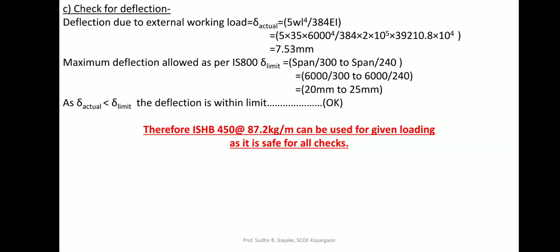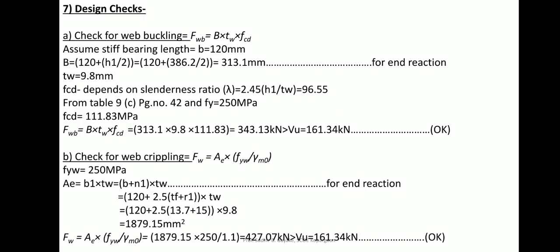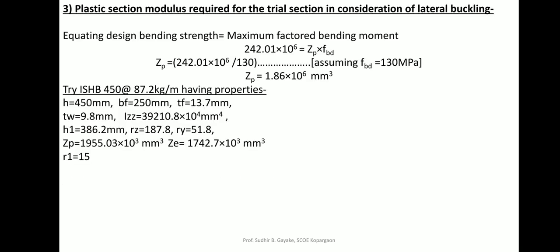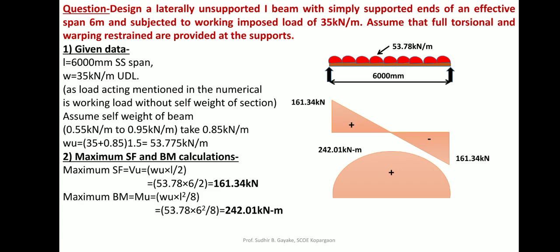So here the numerical is completed for your laterally unsupported type of beams, and these are subjected to lateral elastic torsional moment. So shortly we will just recall the statement of the numerical. So statement was given, loading was mentioned.